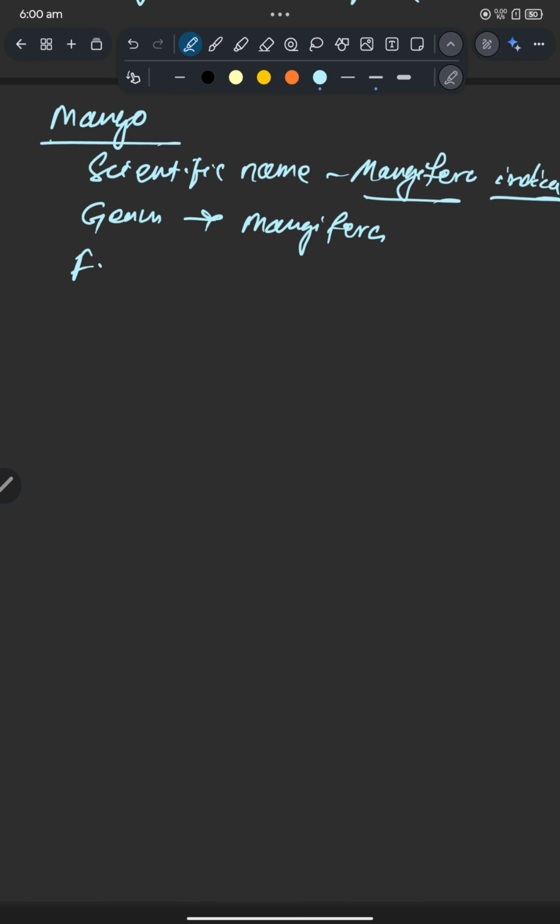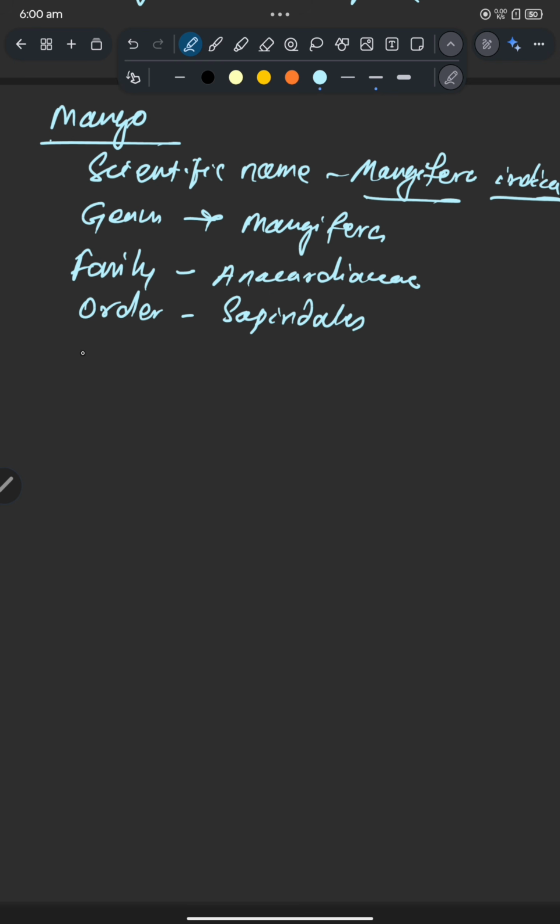Then family Anacardiaceae, order Sapindales, then class Dicotyledone.